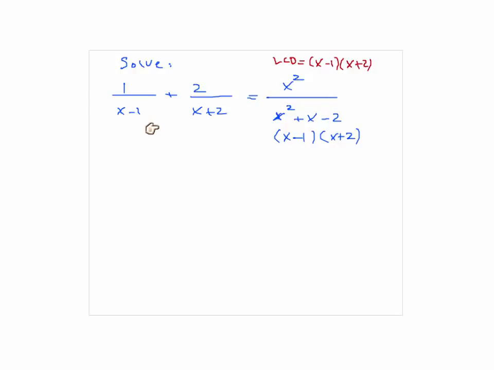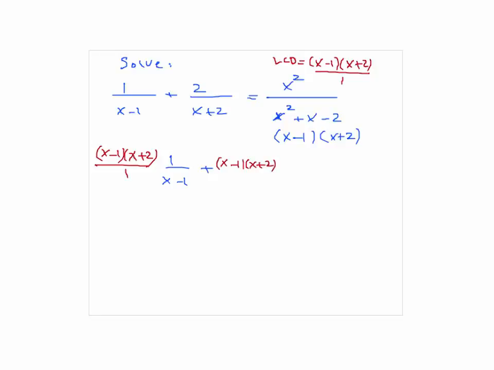We have a response here. So multiply each term by the LCD. Exactly. You multiply each term by the LCD. Don't forget, this is over 1. You multiply each term by the LCD to reduce the fraction. So you take the first term and you multiply it by the LCD. You take the second term and you multiply that by the LCD.